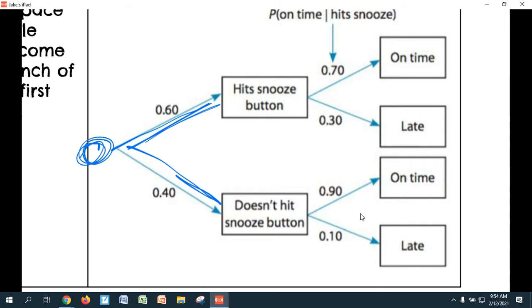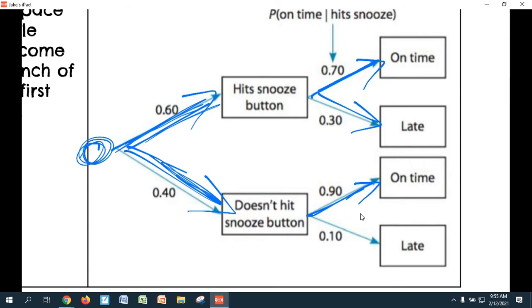If you hit your snooze button, there's a 70% chance that you make it to school on time, and a 30% chance that you're late. Now let's say you don't hit the snooze button, which happens 40% of the time. Then 90% of the time you make it on time, and 10% of the time you are late. So that's what each of those numbers represent.